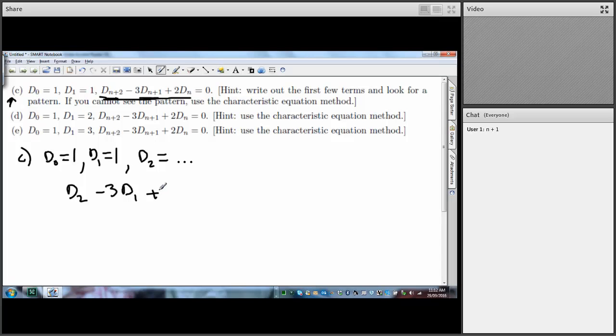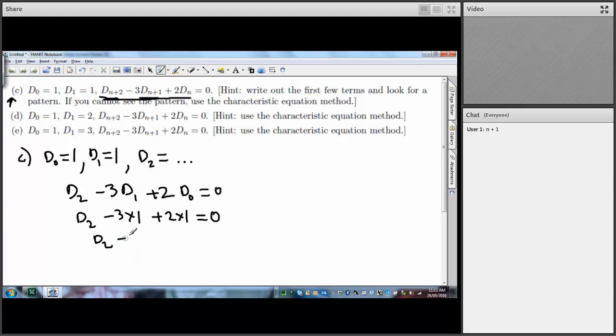Then we have minus 3 times the value before it, which is D1, plus 2 times the value before that, which is D0. Now you can think of it as me just subbing n equals 0 into this equation, which is perfectly fine. Or you can just understand it as saying one value depends on the previous ones.